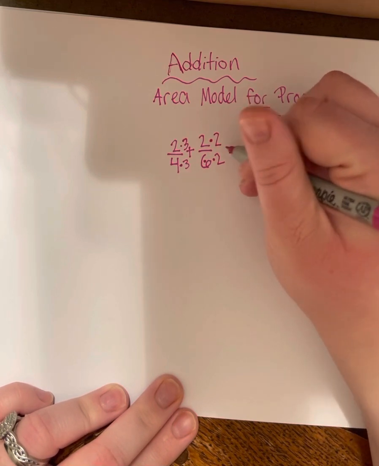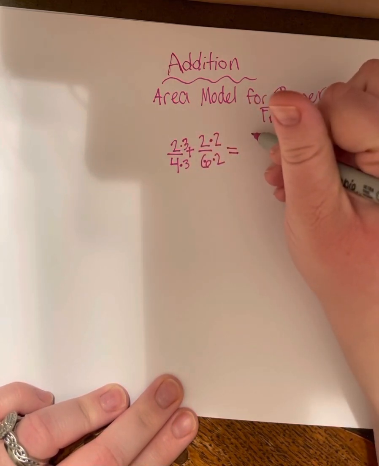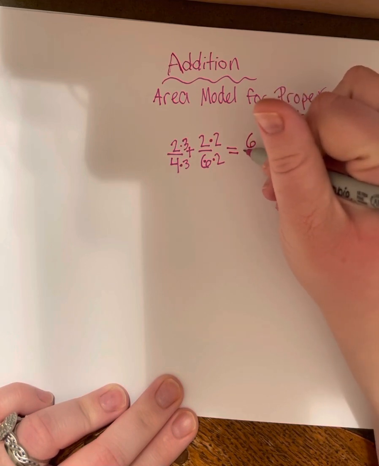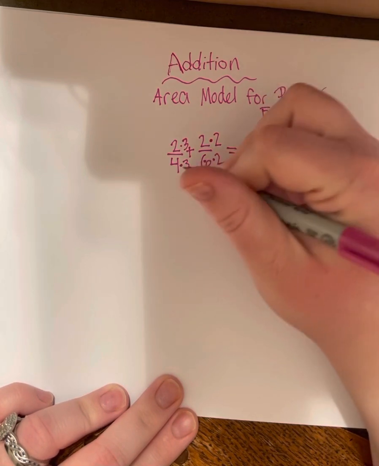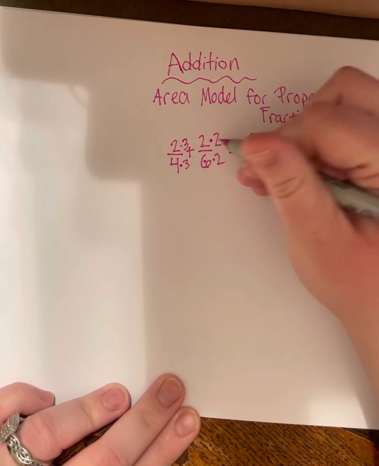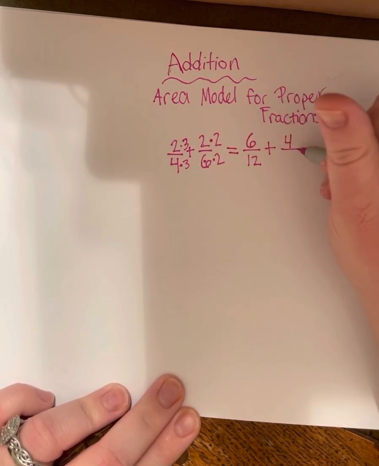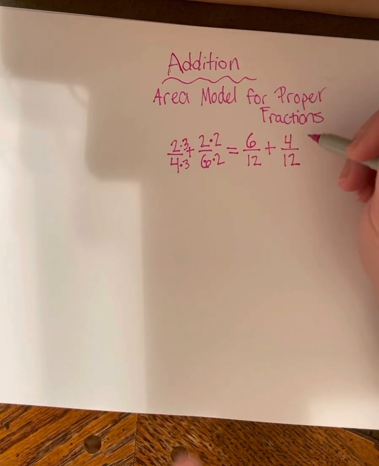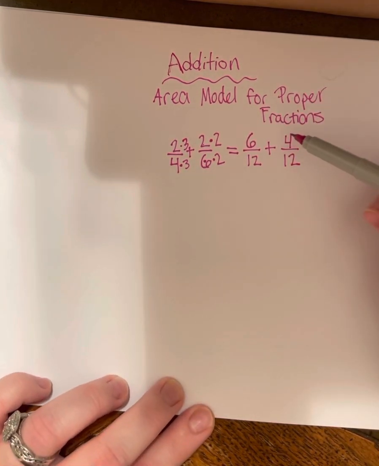Okay, so then we would get 2 times 3 is 6 over 12, plus 2 times 2 is 4 over 12, excuse me.